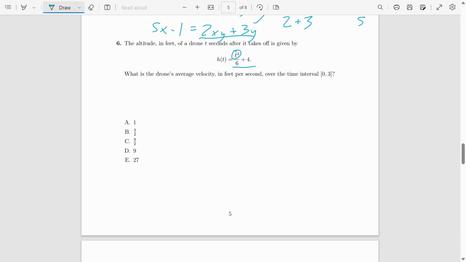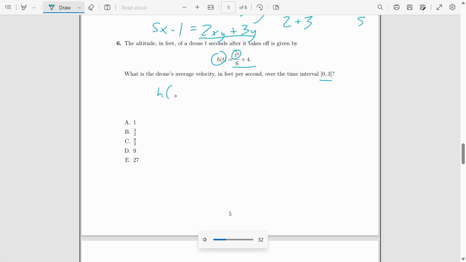And then what we're asked is to find the average velocity of the drone over this specific time interval from 0 seconds to 3 seconds after takeoff. So obviously for this, we're going to need to know what our velocity function is, and that's pretty easy to find because we're given the position function.